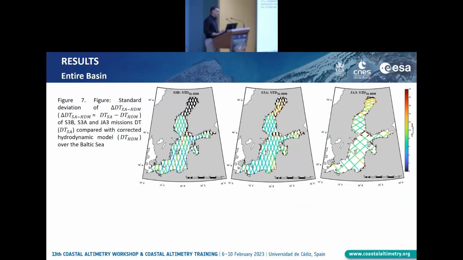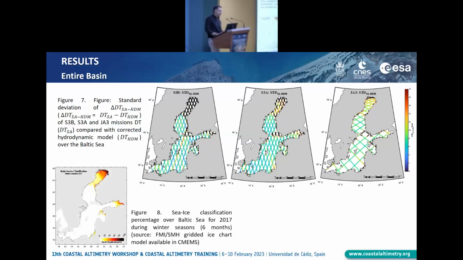And when we do it along the whole track in Baltic Sea during the time period, here's the standard deviation. And as you can see, the north part of the Baltic Sea, the subarctic part, has the highest standard deviation. The black dots are presenting more than 20 centimeters standard deviation, which is mainly due to the sea ice presentation.